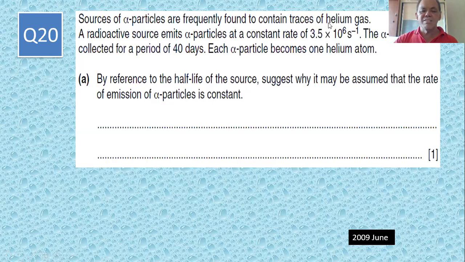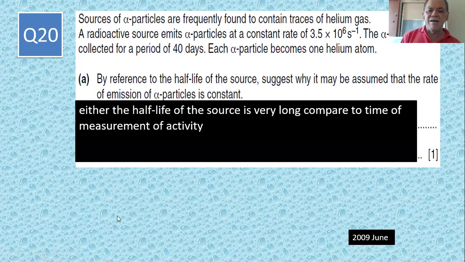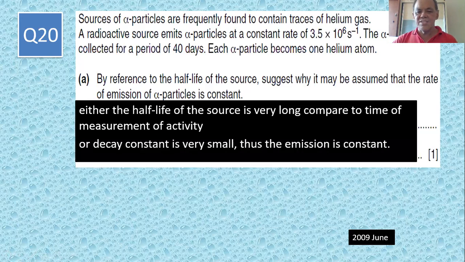So during that short interval, compared to these 40 days, the activity doesn't change. The half-life of the source is very long compared to the time of measurement of activity, so the decay is very small. Thus the emission is constant.